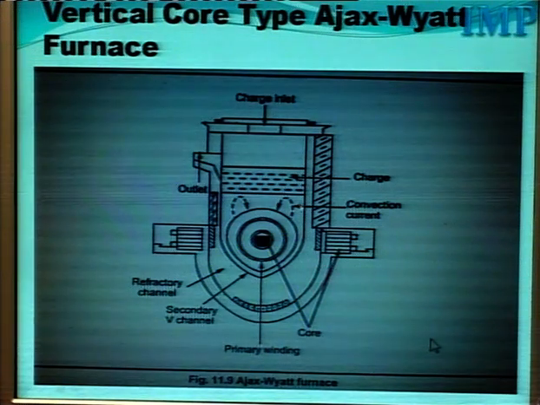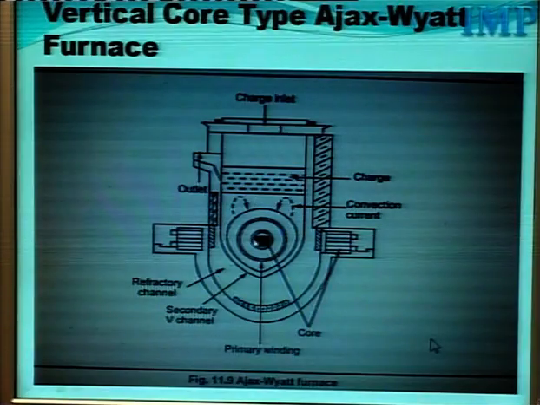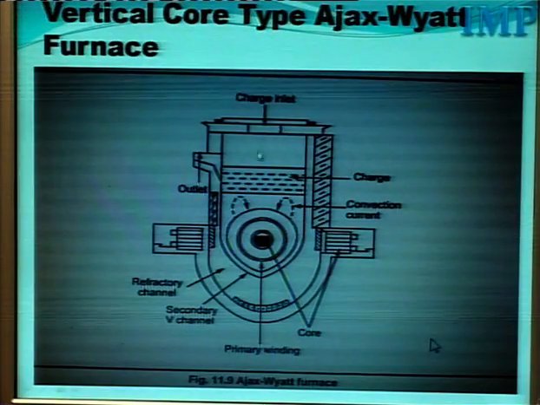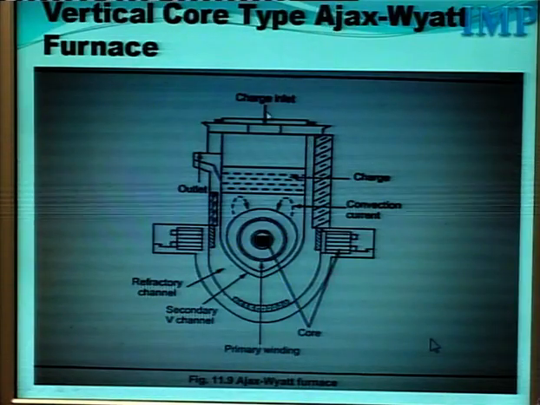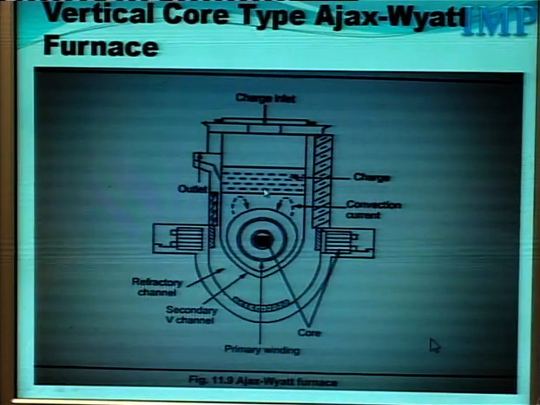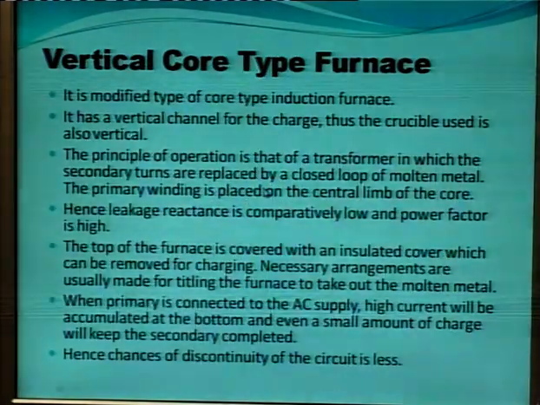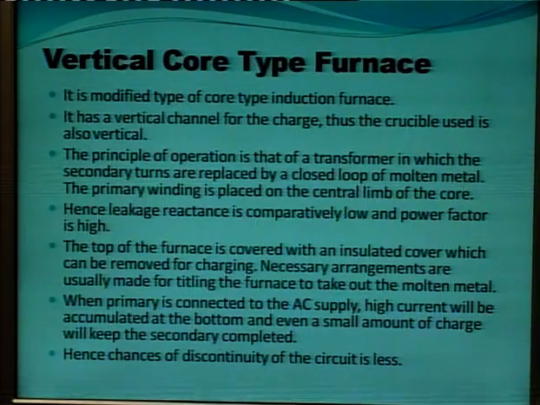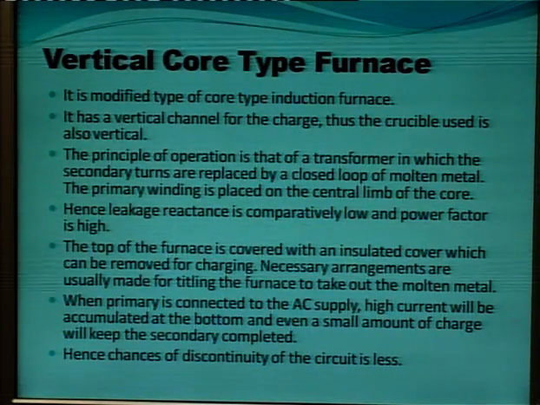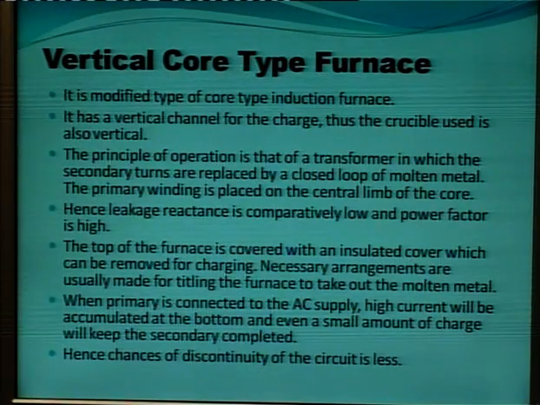This is the direction of conventional current. Now here the charge inlet. From here we will pour the charge into the channel. It is a modified type of the core type induction furnace. It has a vertical channel for charge, thus the crucible used is also vertical.